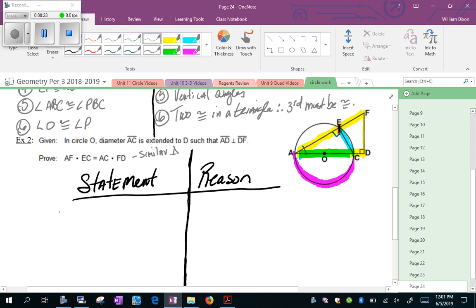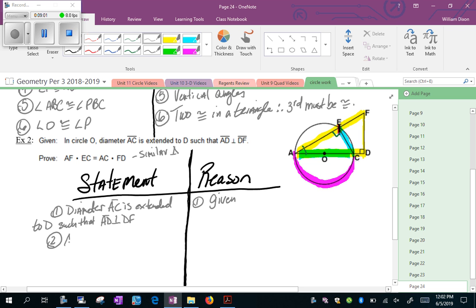1, I have diameter AC is extended to D such that AD is perpendicular to DF. And that's given. All right, 2. I'm going right for it.